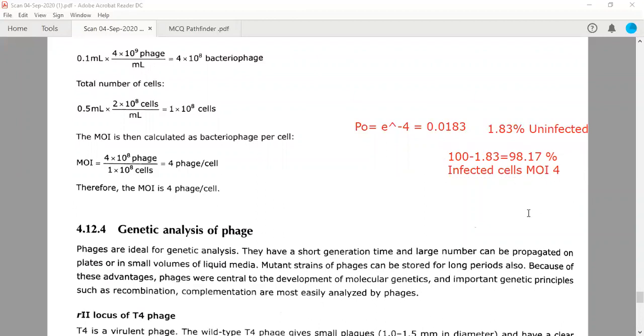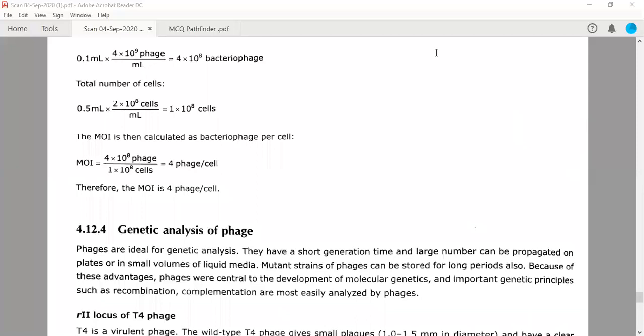So if you are having a multiplicity of infection of 4, only 98.17% of your cells will be infected in your bacterial culture, and the number of cells which will remain uninfected is close to 2%. So that's how you will calculate the number of cells uninfected, infected, multiplicity of infection, the colony forming units, everything you can calculate if you are clear with the basics, right?